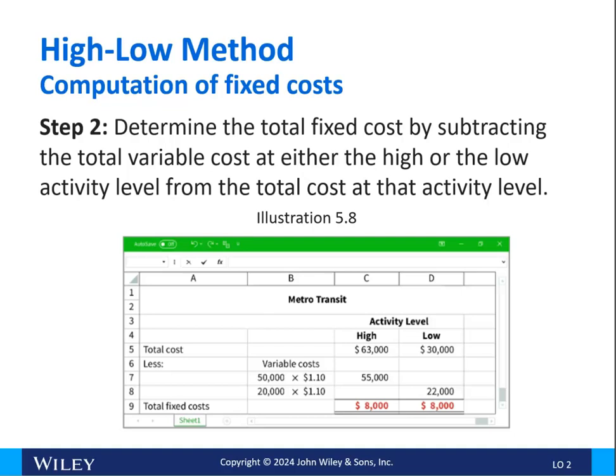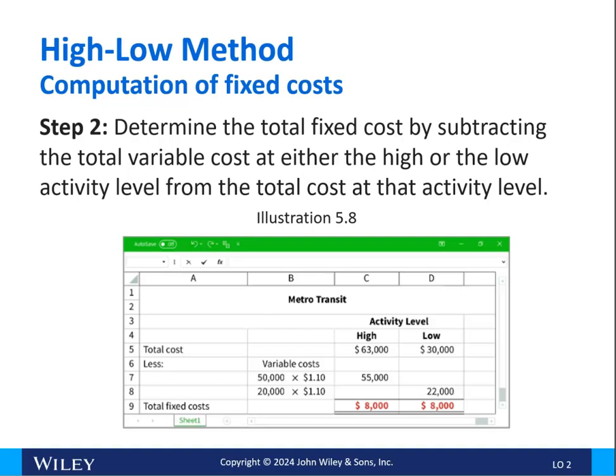Now, if we want to figure out the fixed cost, we subtract the total variable cost at either the high or low from the total cost and get that fixed cost. So we show both examples here. If we just look at the high level, $63,000 total cost.